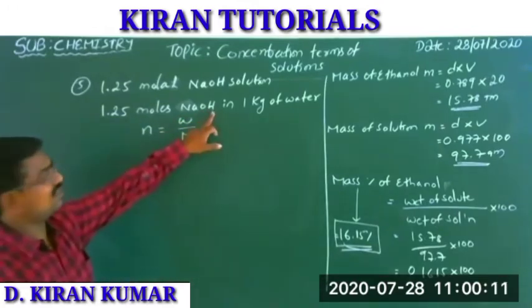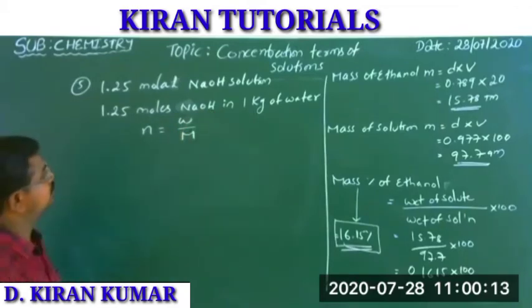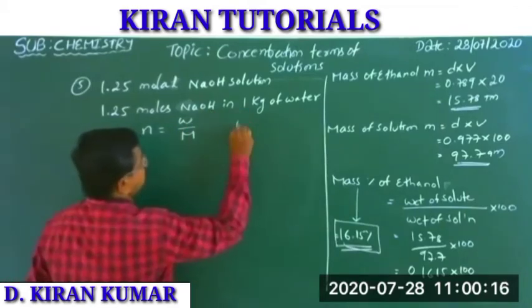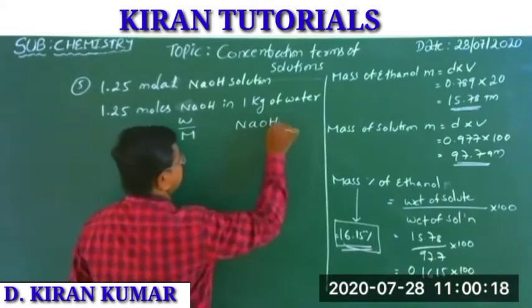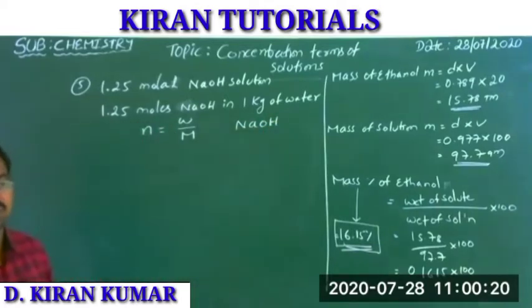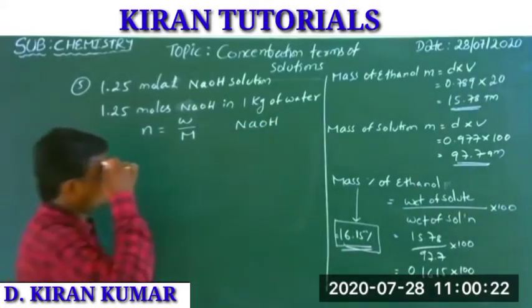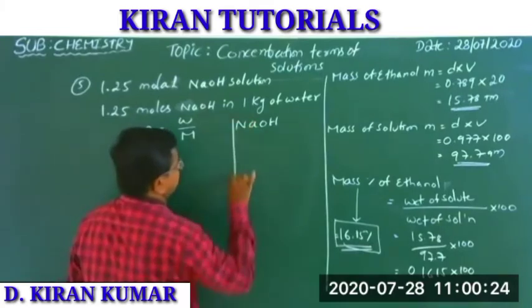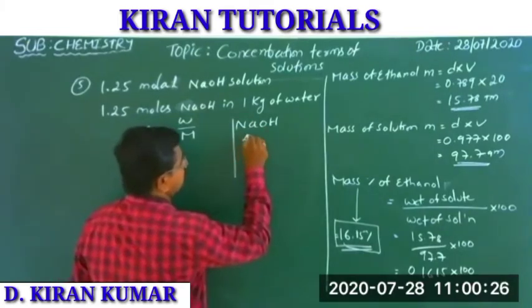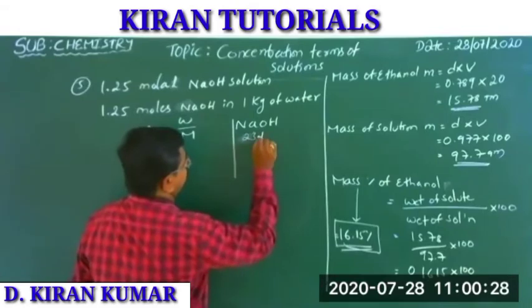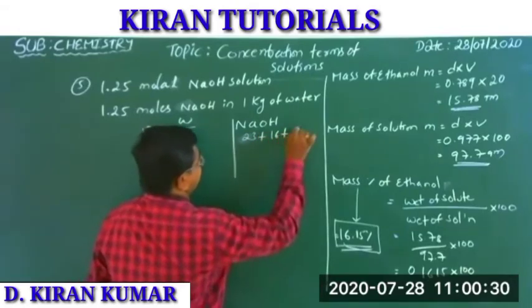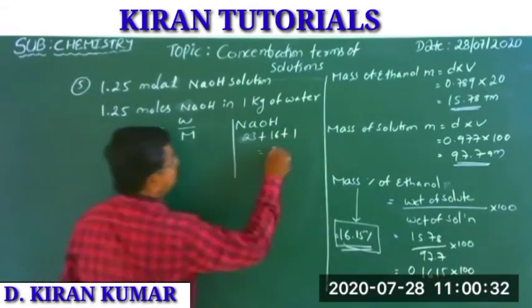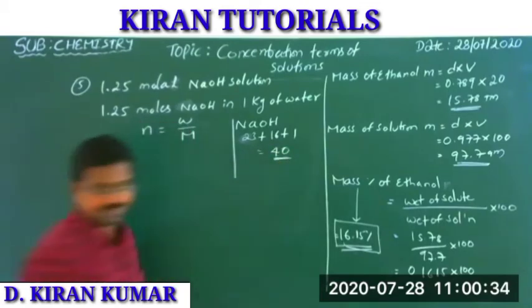What is the molecular weight of sodium hydroxide? Sodium hydroxide molecular weight: 23 plus 16 plus 1, that is equal to 40.